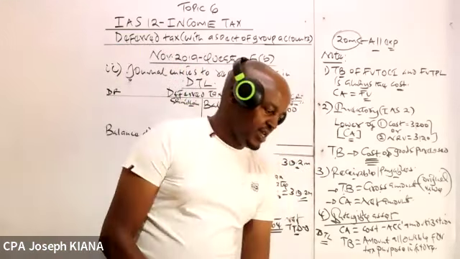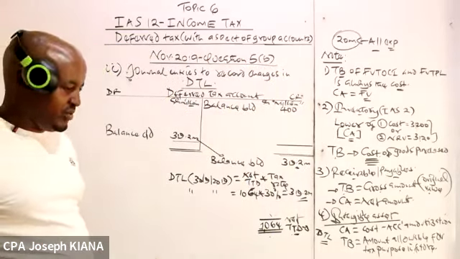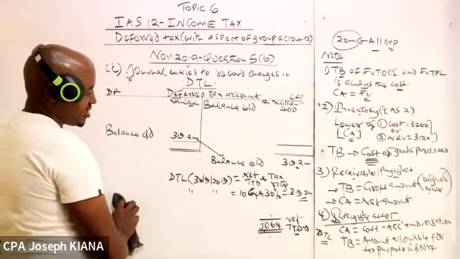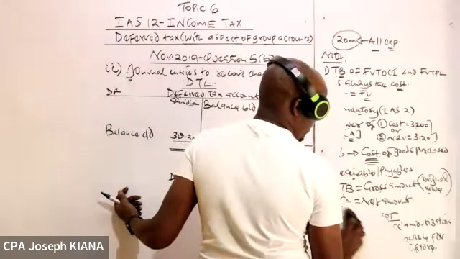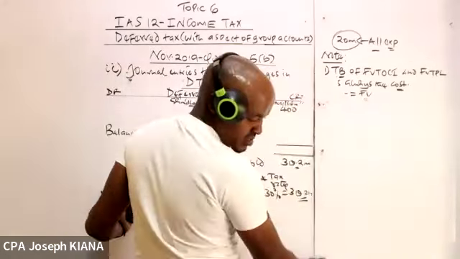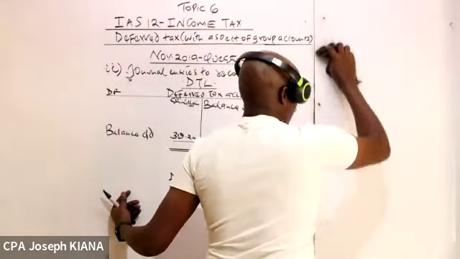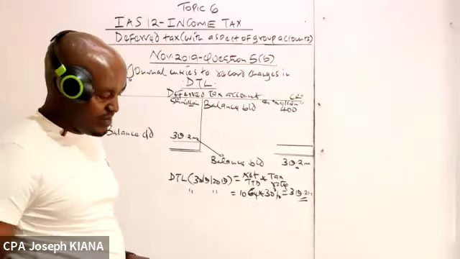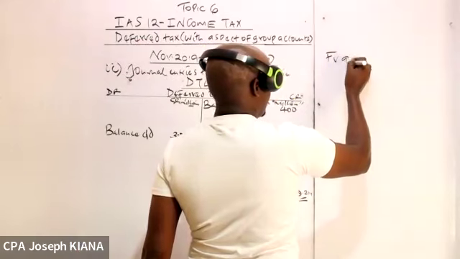Now, other than recording the opening balance and the closing balance in this account, what else do we record here? There is something I need to explain in relation to note number 1, in relation to note number 5. Note number 5 and also note number 1, and that is something known as the fair value adjustments.